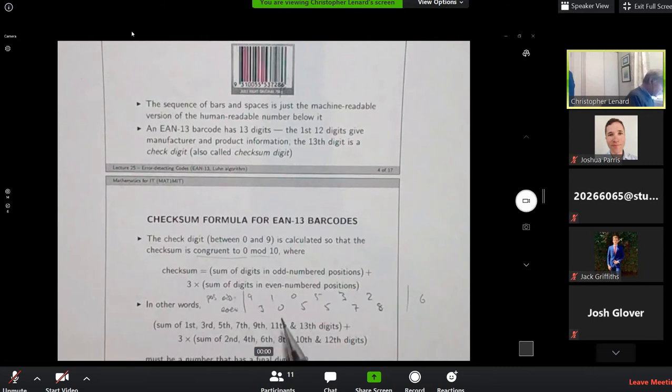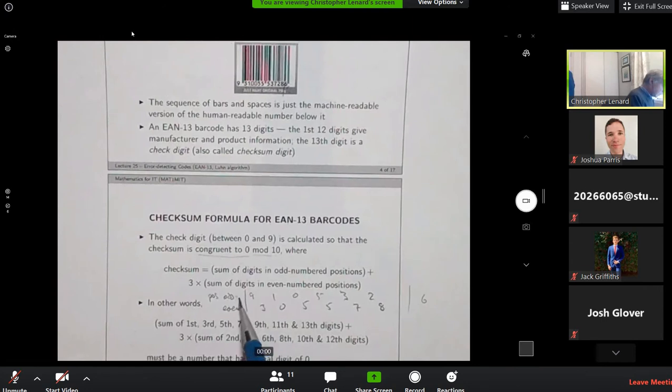What we do then is take the ones in the odd positions and add them up. Then we take the ones in the even positions and add them up. Triple that sum in the even positions and add it to the other sum.